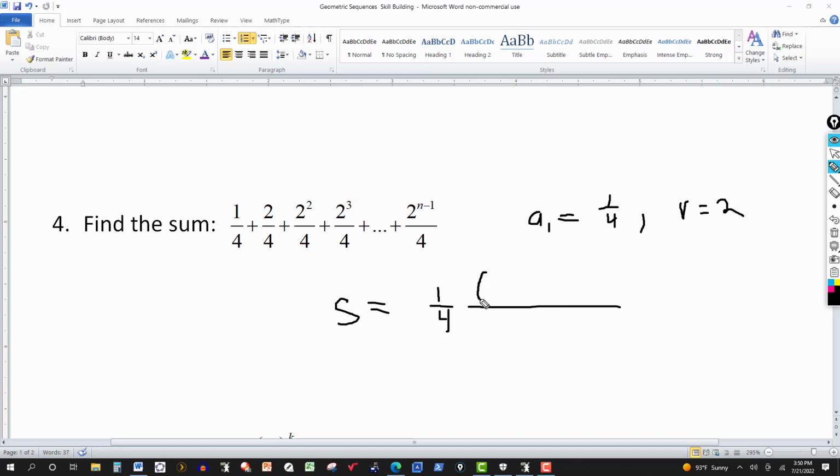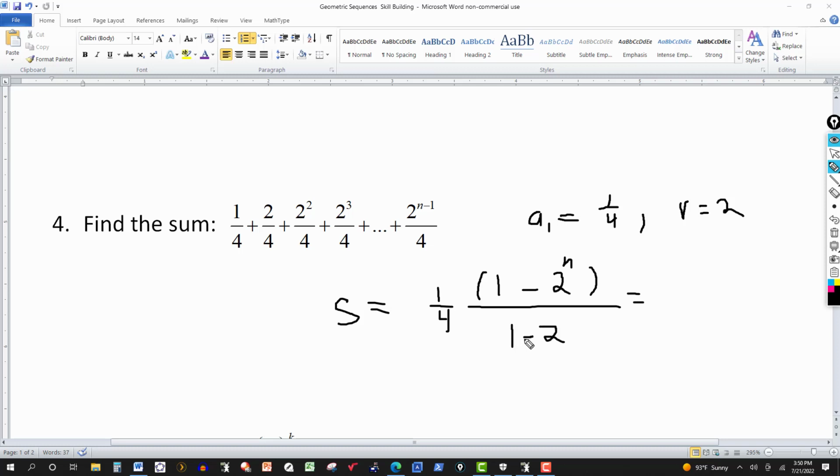And then up here, it's 1 minus the common ratio taken to the nth power, n is the value we want. It's 1 minus 2 to the n, and that's going to be over 1 minus r. r is 2.